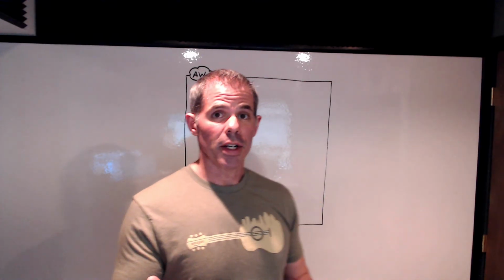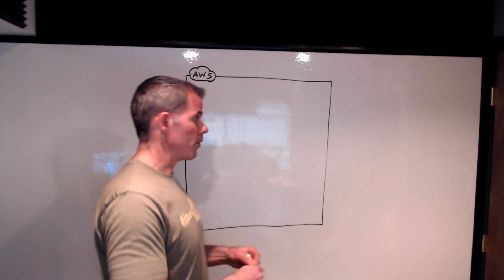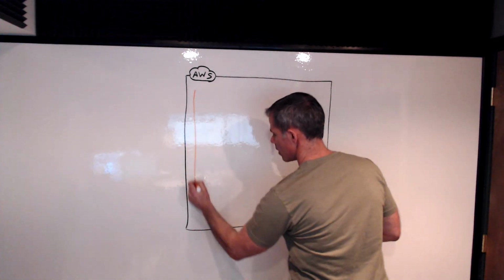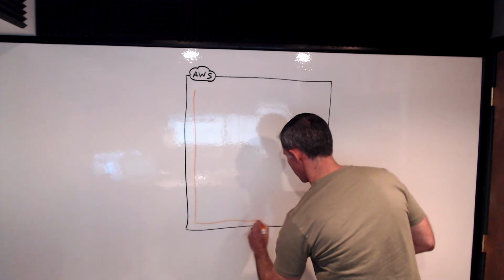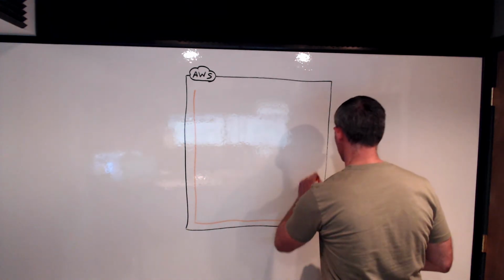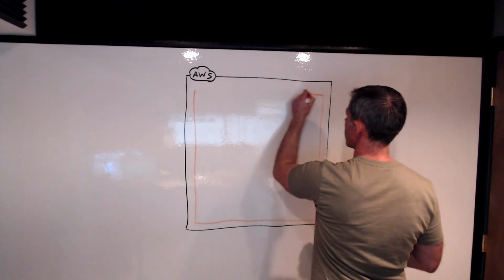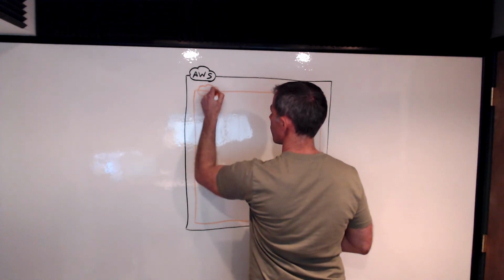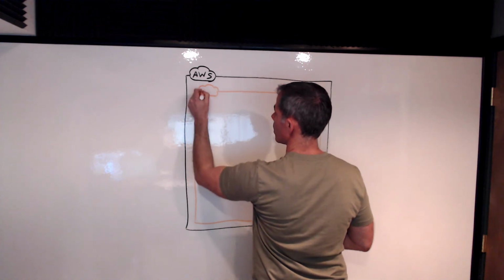Next thing I'm going to do here is actually draw our VPC. This is going to take me some time. I am not an artist by trade, so please forgive my crude design here. All right, now I've got my VPC.